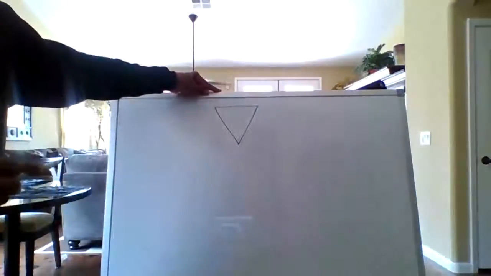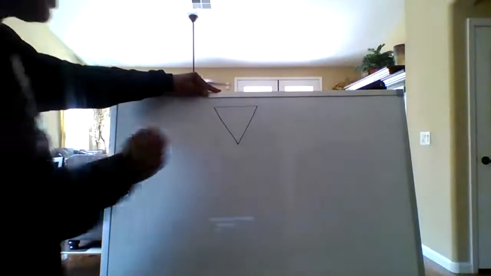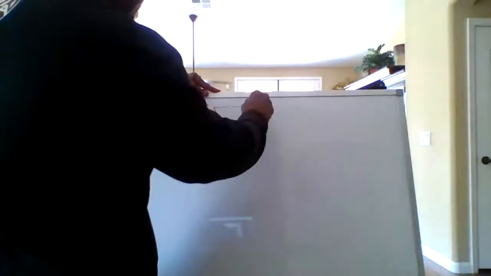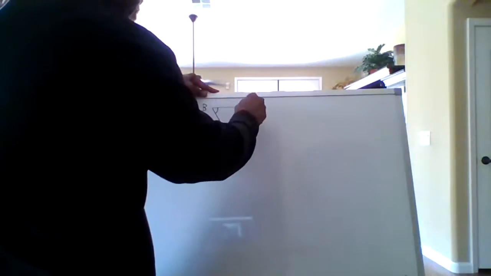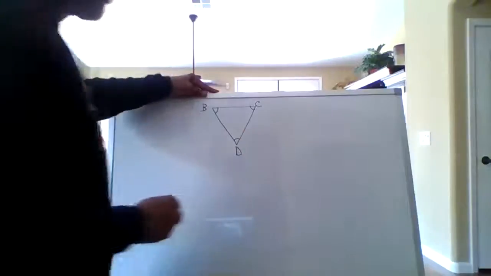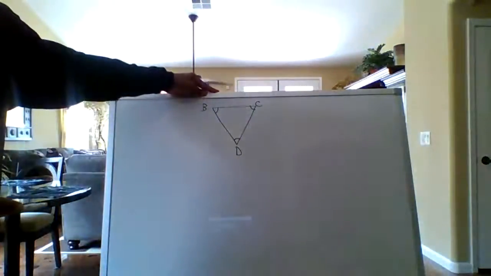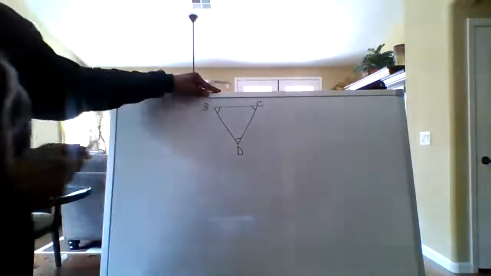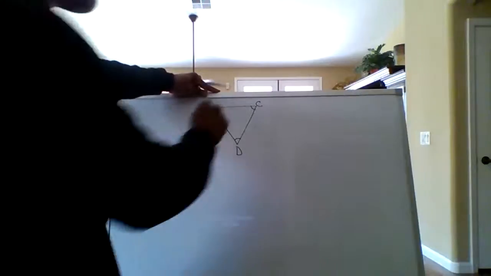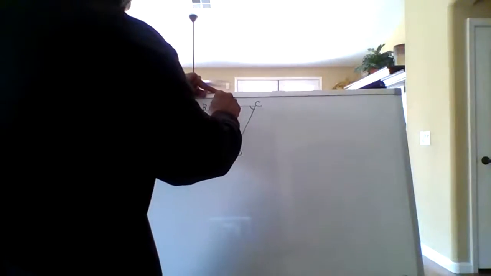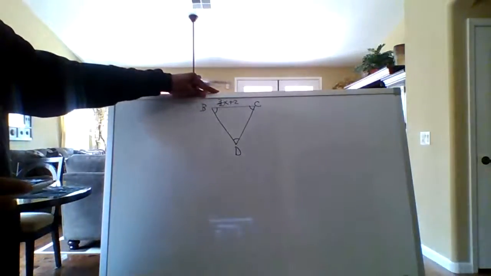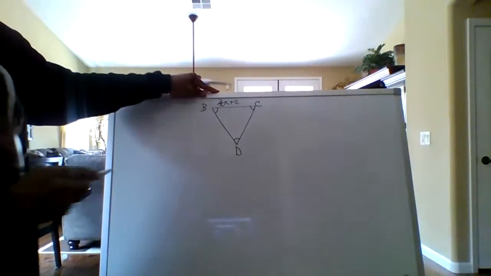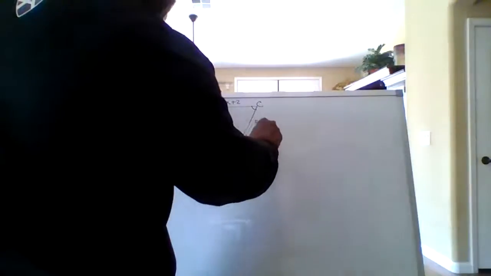Okay, so let's say we have triangle BCD, and it's equiangular. Side BC is 3/2 x plus 2. And side CD is 5/4 x plus 6.